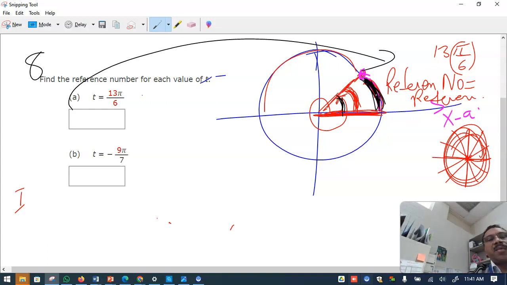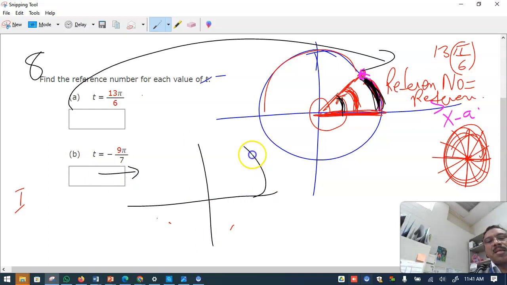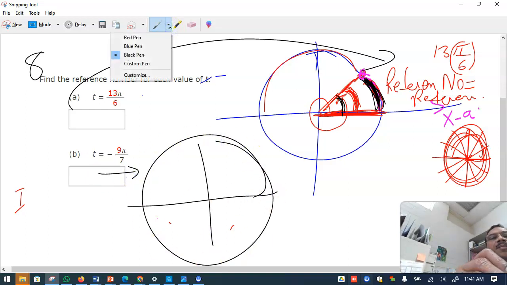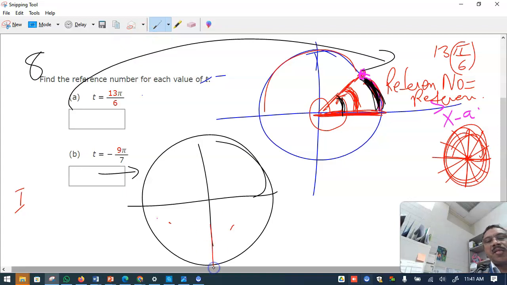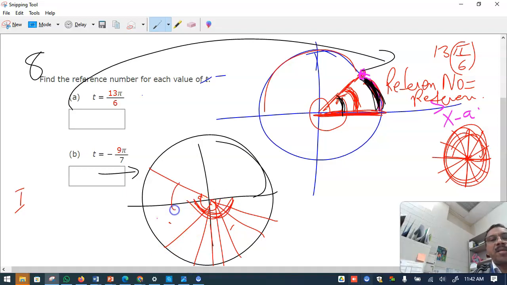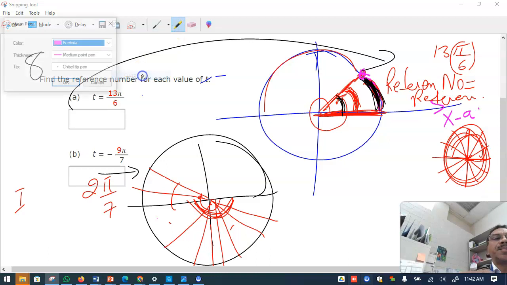Now for the second part, if this is the unit circle, you split into 7 and then you go back. Sorry, I made a mistake. There are 2 of these here, so that's why I say 2 pi by 7. Another way to do this is the arc length from the beginning.